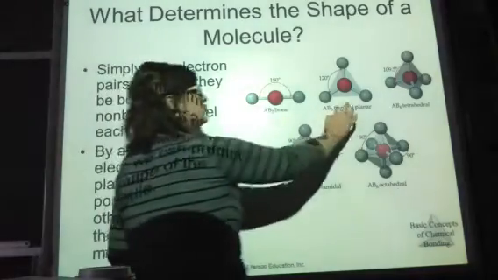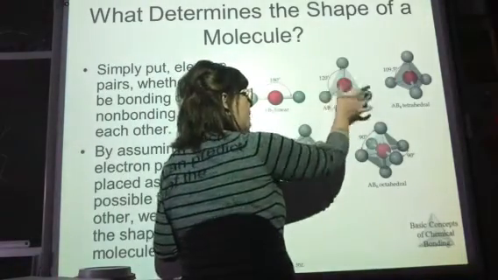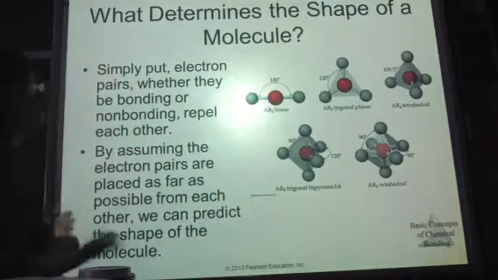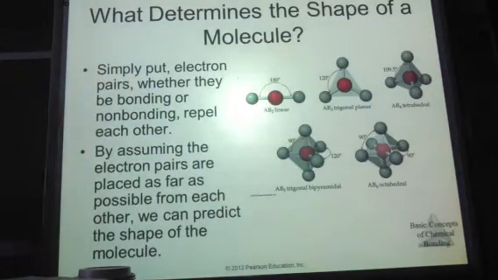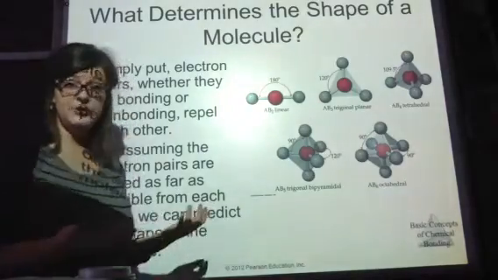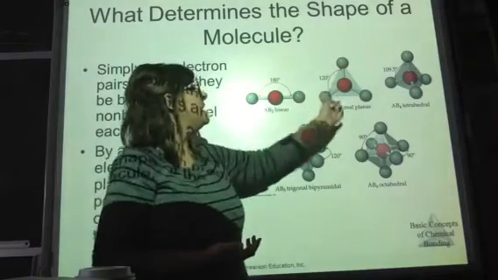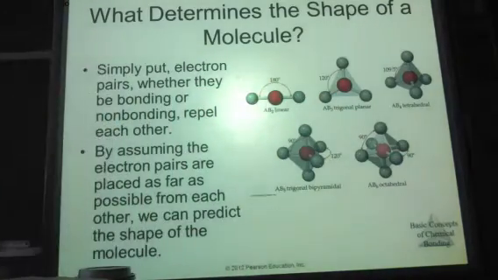If we have something that's trigonal planar, I have electron pairs here, here, and here, all of them separated by 120 degrees. That's best for electron repulsion if this is trigonal planar.